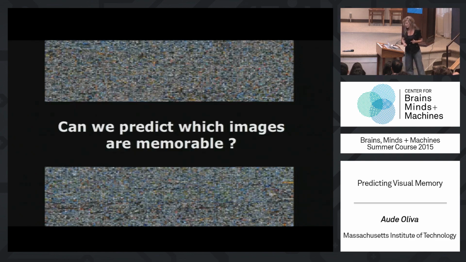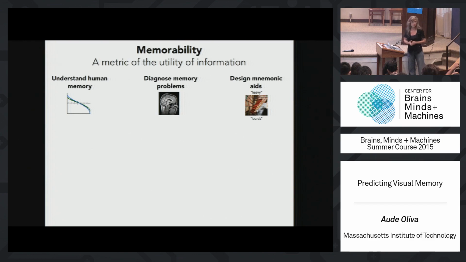The question we ask is, can we predict which image, graph, face, words, videos, piece of information or event is going to be memorable or forgettable for a group of people and eventually for a given individual?